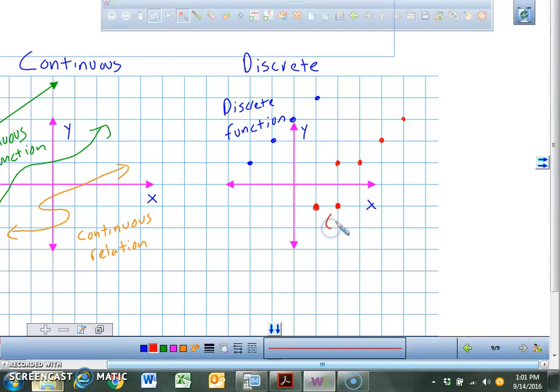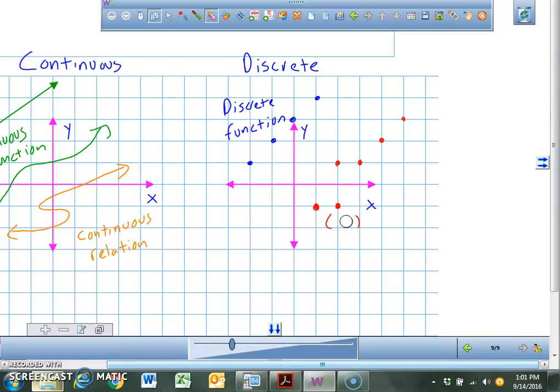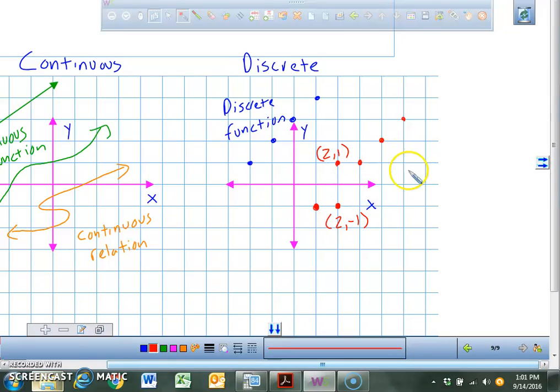This one is at (2, -1), and this one is at (2, 1). They share the same x value but have different y values, so it is discrete because it's not continuous. We call this a discrete relation. Discrete because they're just points being plotted.